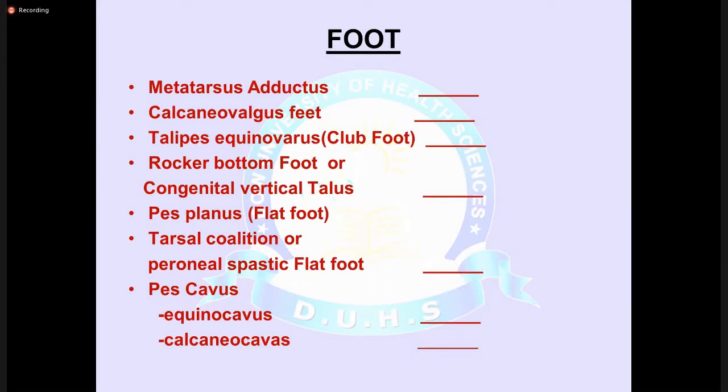Congenital vertical talus, or sometimes you have dorsal bunions or peroneal spastic flat foot, pes cavus, equinocavus, calcaneocavus. These are small bones in the feet. You can look for any deformity, mostly the clubfoot and the flat foot, the pes planus.